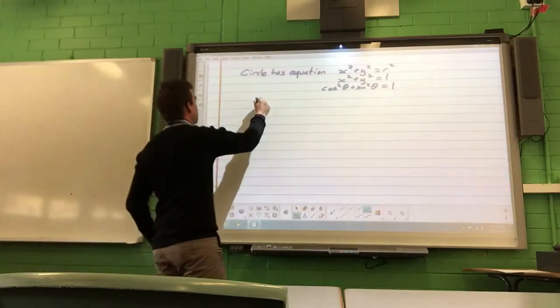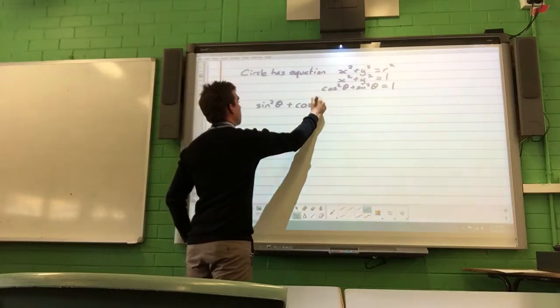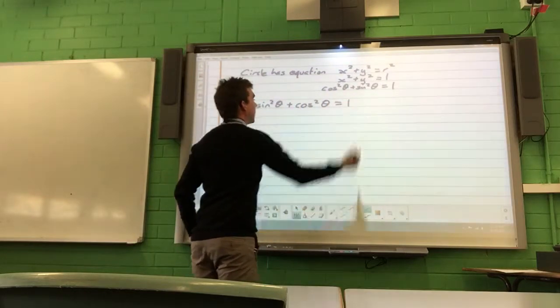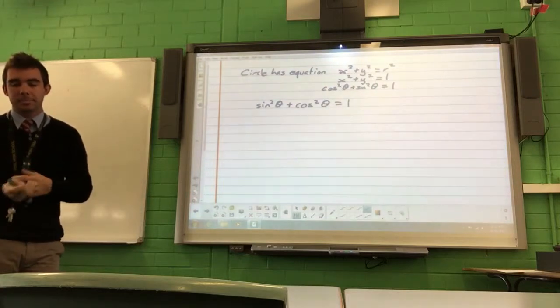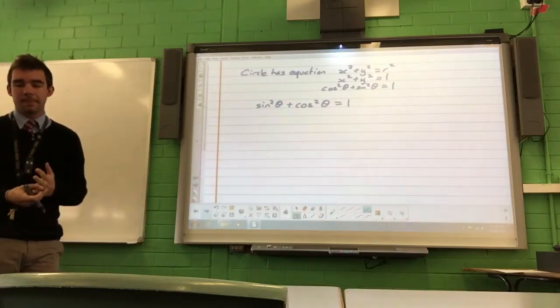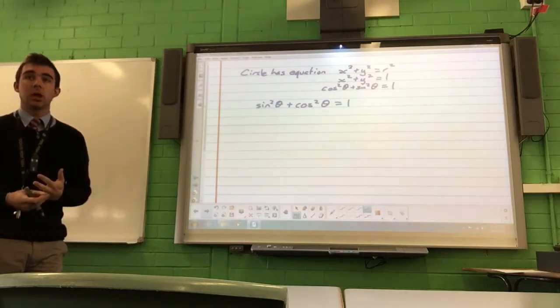In other words, sine squared theta plus cos squared of theta is equal to 1. That is your third identity. You don't need to remember how to derive them, but you need to know the results.